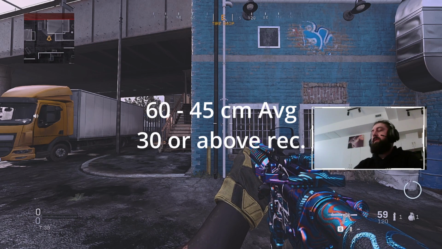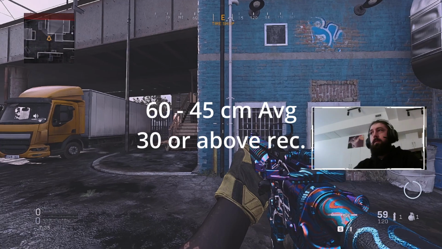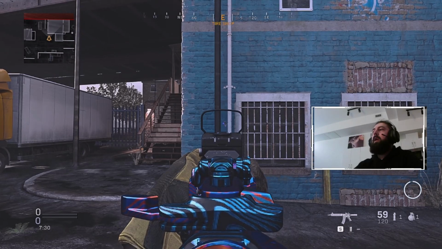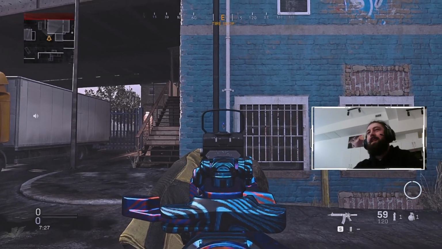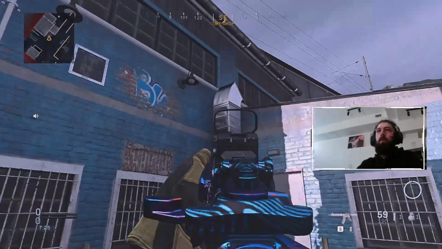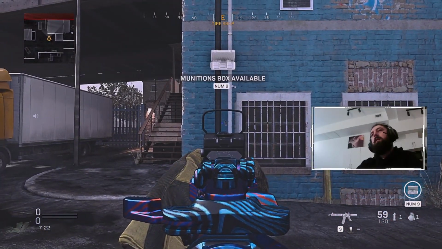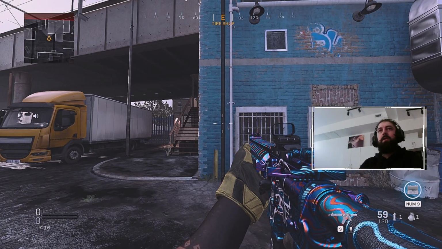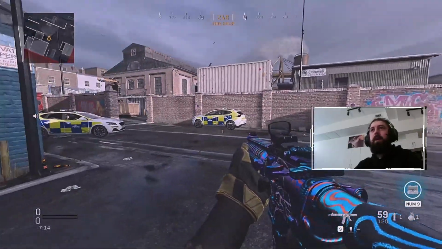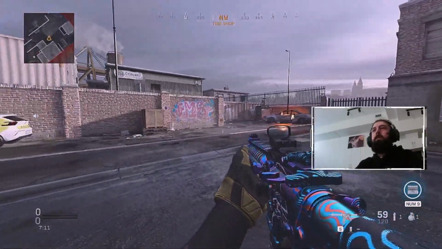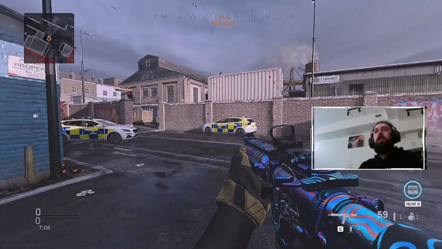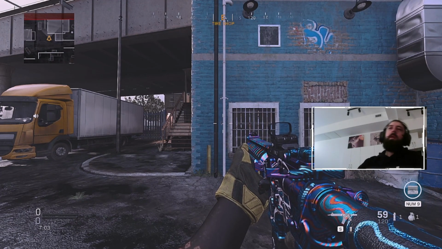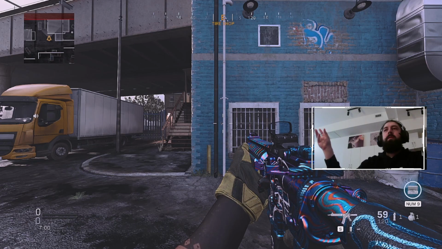I personally play at 27, which is quite fast. Only 27 centimeters until a full 360 is very fast. So the lower that number is, obviously, the faster, because the sensitivity is greater, right? If you're moving 5 centimeters and you've already done your 360, you play extremely high sensitivity. It means less arm movement, more wrist movement.